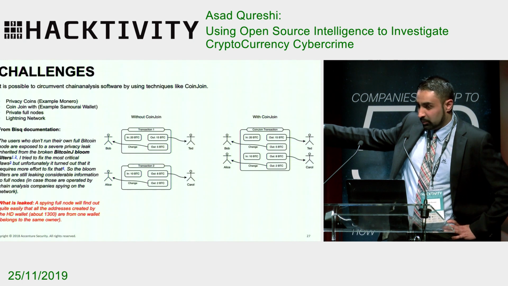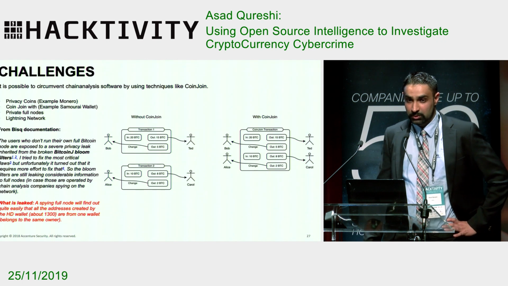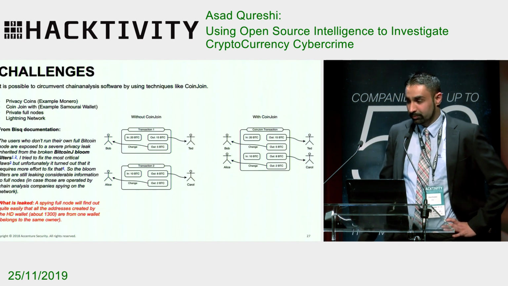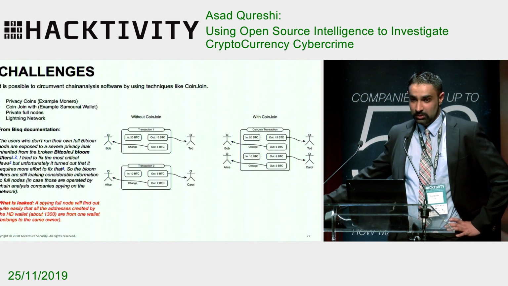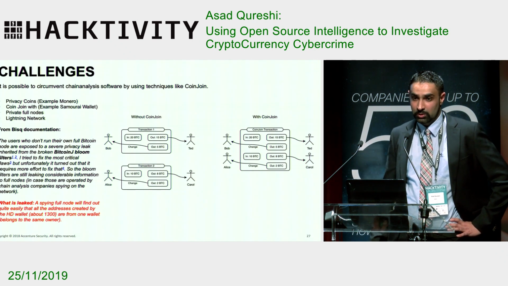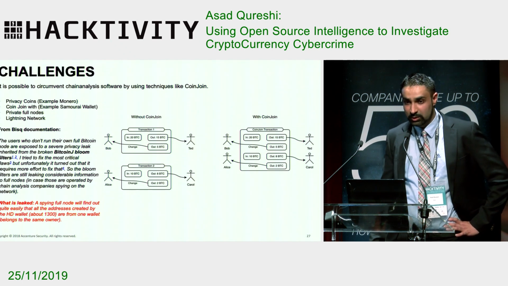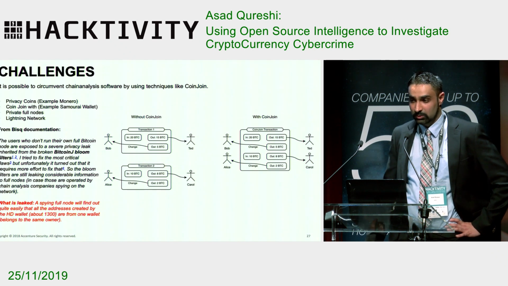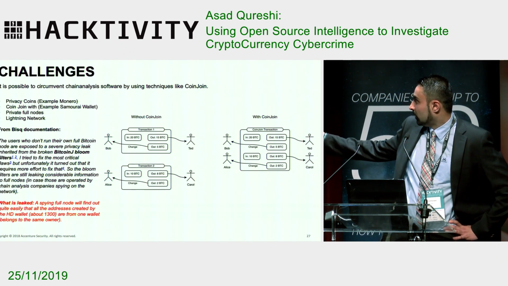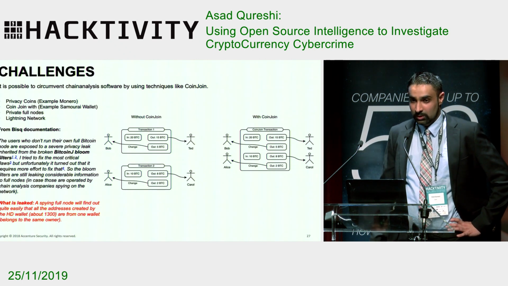And there's another thing with the private full node. If you run your own Bitcoin private full node, you also achieve privacy. For example, if you're using BISC with your own private full node, that also helps from a privacy perspective, to make it harder to detect the transaction. And we have the Lightning Network, which is coming.